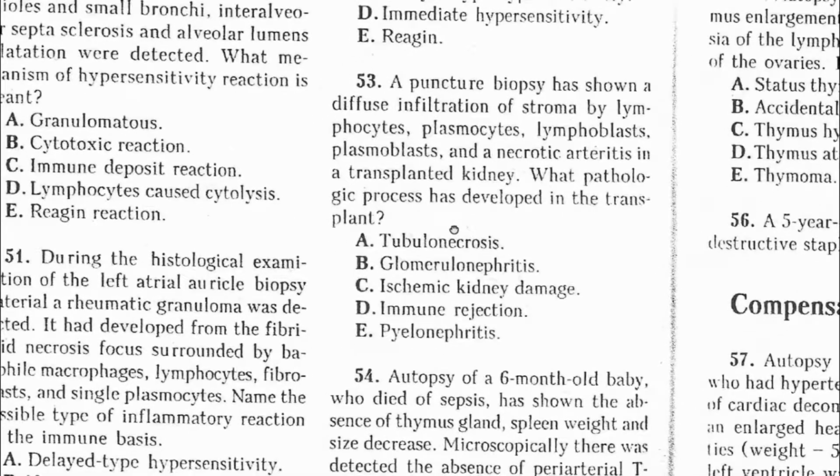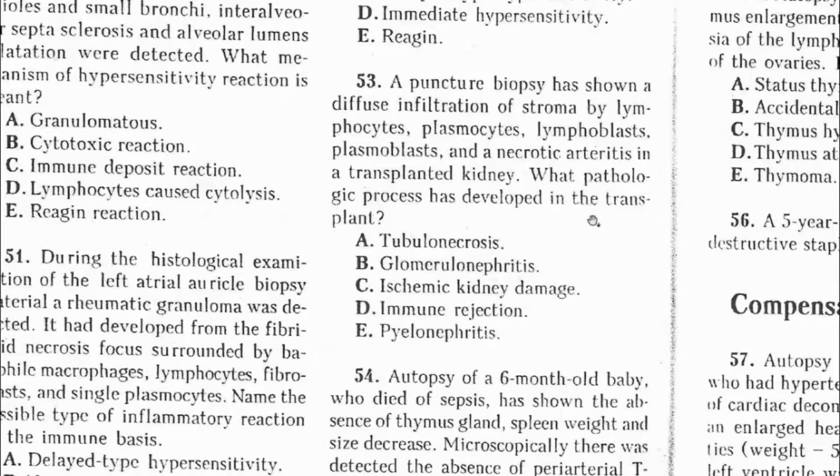53. A puncture biopsy has shown a diffuse infiltration of stroma by lymphocyte, plasmocyte, lymphoblast, plasmoblast, and necrotic arthritis in a transplanted what? Kidney. What pathologic process has developed in the transplant?